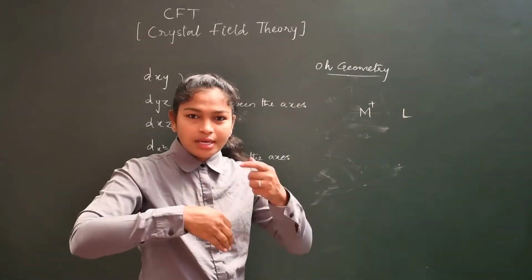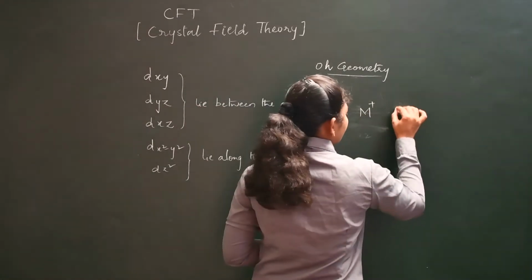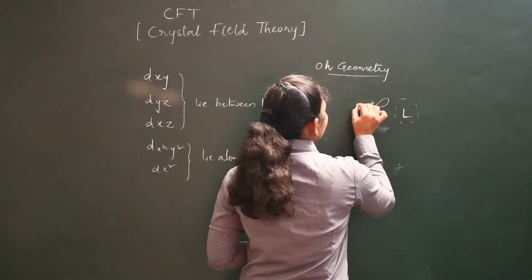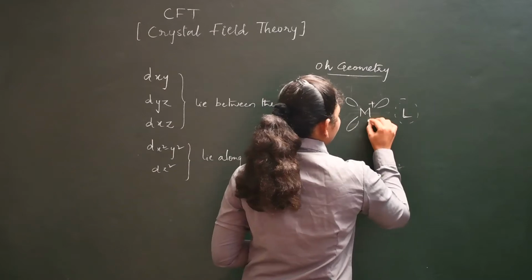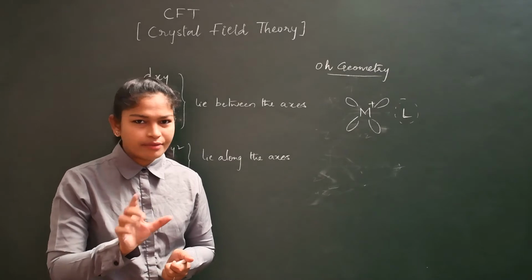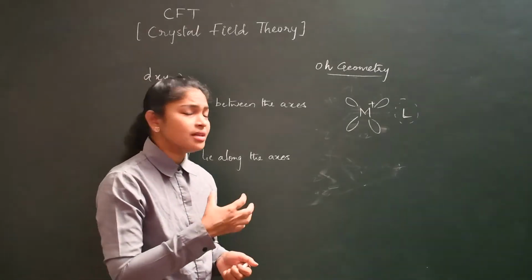Ligands will have electrons around them, and the metal will have empty orbitals to receive electrons from the ligands.